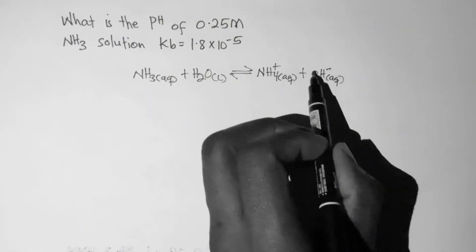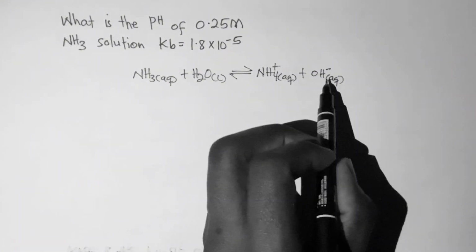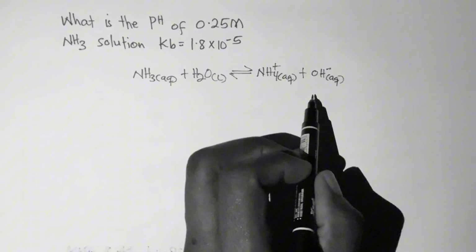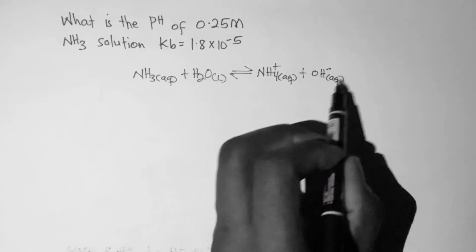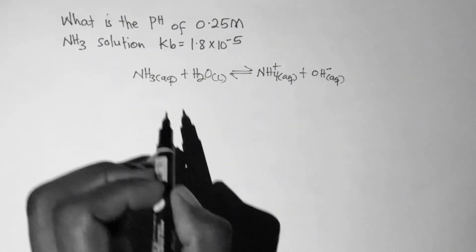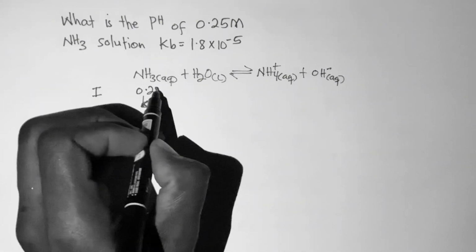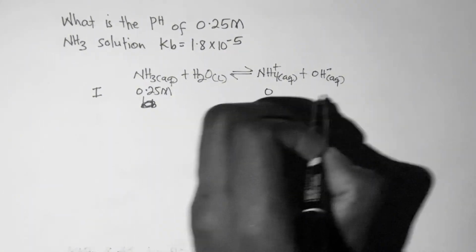So you can see that because this is a base, or this is a reaction that produces the OH minus anion, then instead of Ka we have to use Kb, which is the base dissociation constant. Initial concentration is 0.25 molar, and then here is 0, and then here is 0.